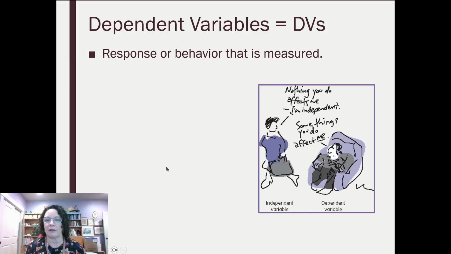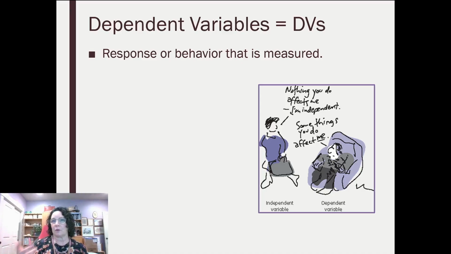Here's a little cartoon I found where the independent variable says, nothing you do affects me. I am independent. And then the dependent variable says, well, some things you do affect me. So for the independent variable, the groups are independent of each other, and the independent variable does not in any way, shape, or form get changed or impacted by the dependent variable.